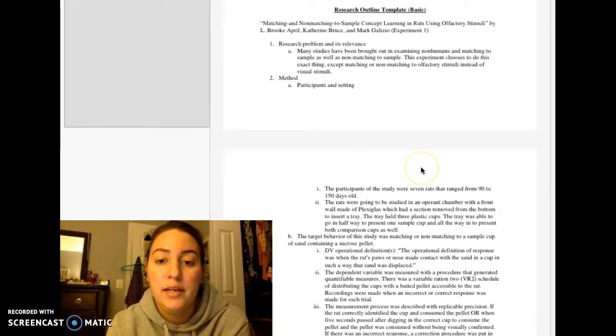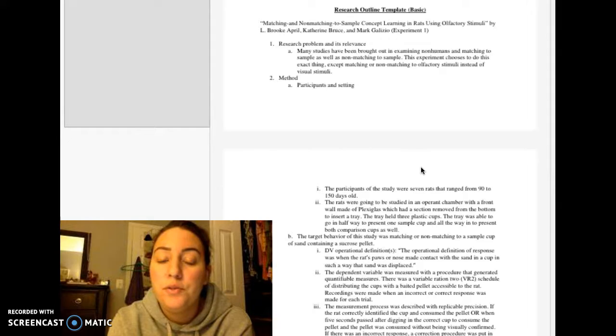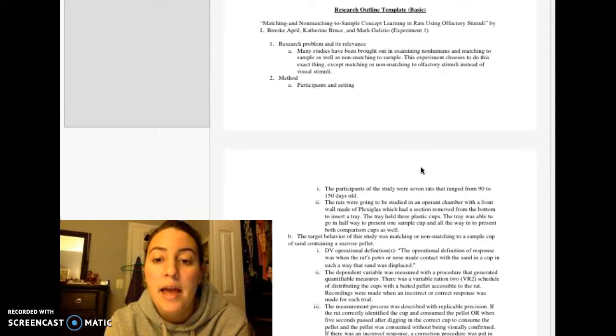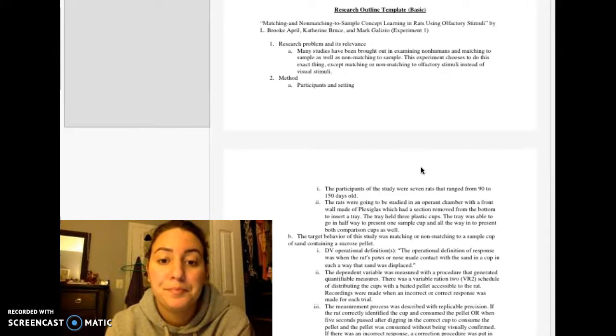So there were 7 rats who ranged from 90 days old to 150 days old, and there was an operant chamber in which they conducted the experiments, and the operant chamber had a small hole where it fit a tray with 3 cups, which would eventually be for the sample cup and the 2 distractor cups.